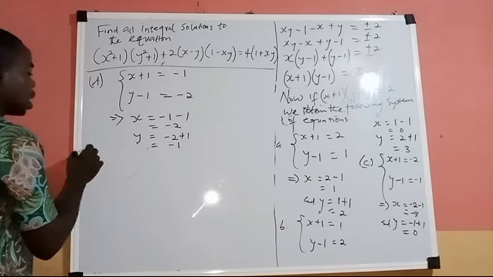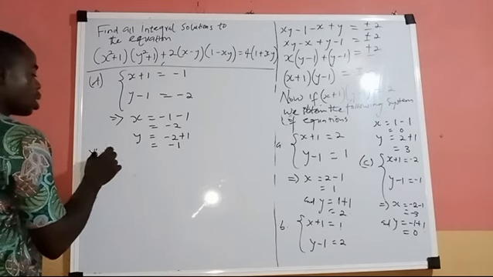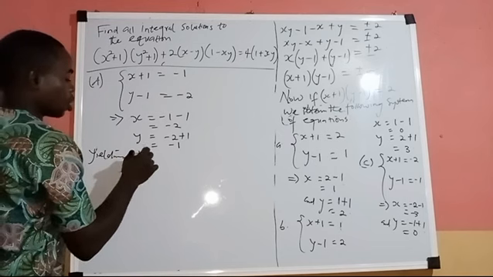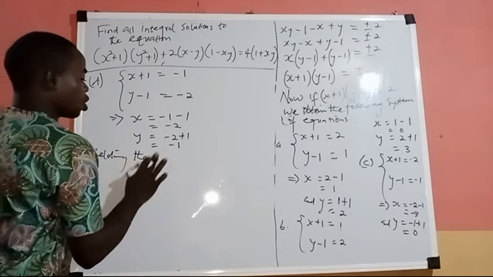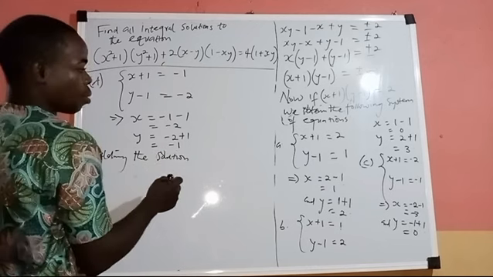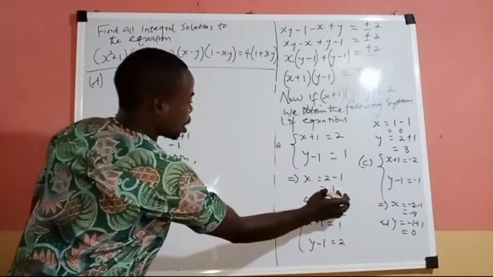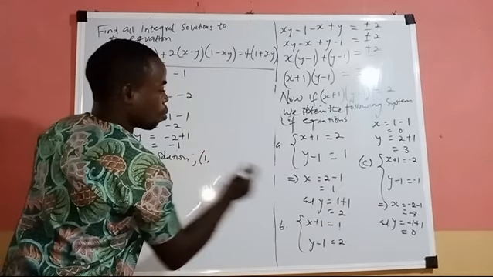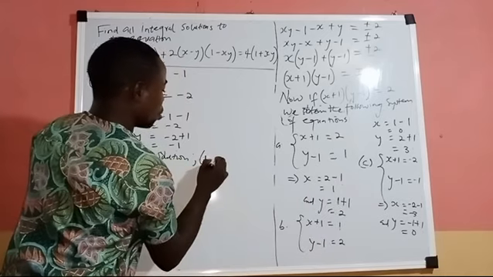Okay, so it's actually going to yield the following solutions. So these are just the solutions we are going to be compiling from here. The first solution we had here is x is equal to 1, and then our y is equal to 2.